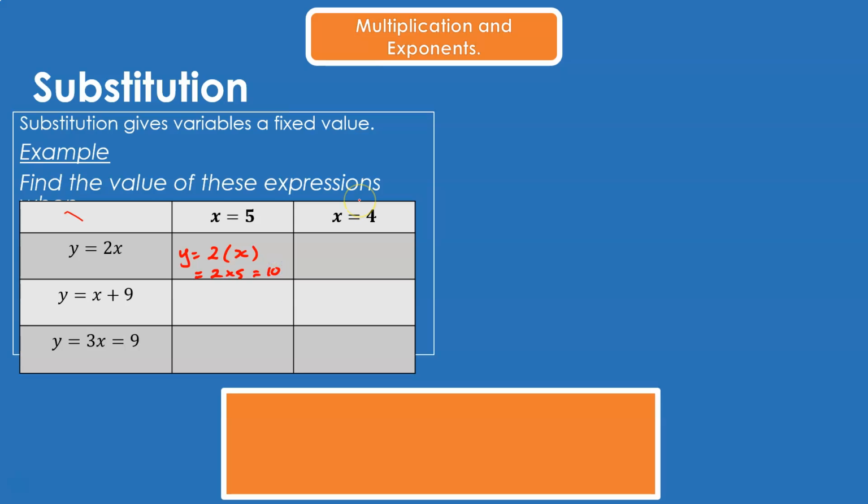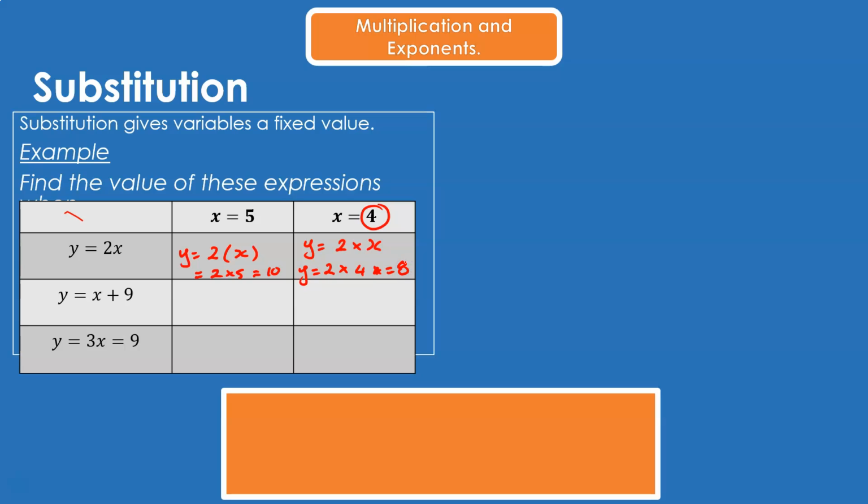Now, in the second column, x isn't equal to 5 anymore, it's equal to 4. So it's the same process. y is equal to 2 times x, so y must be equal to 2 times 4, which is equal to 8.